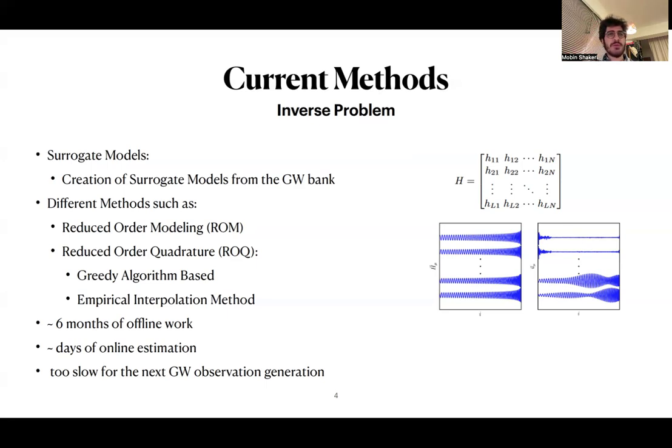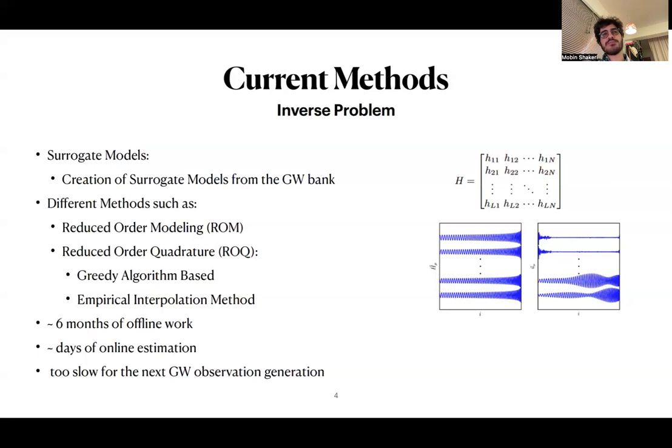Currently in the LIGO Virgo project, the ROQ, or reduced order quadrature, is used, which is a method based on a greedy algorithm and has an empirical interpolation implemented on the basis.